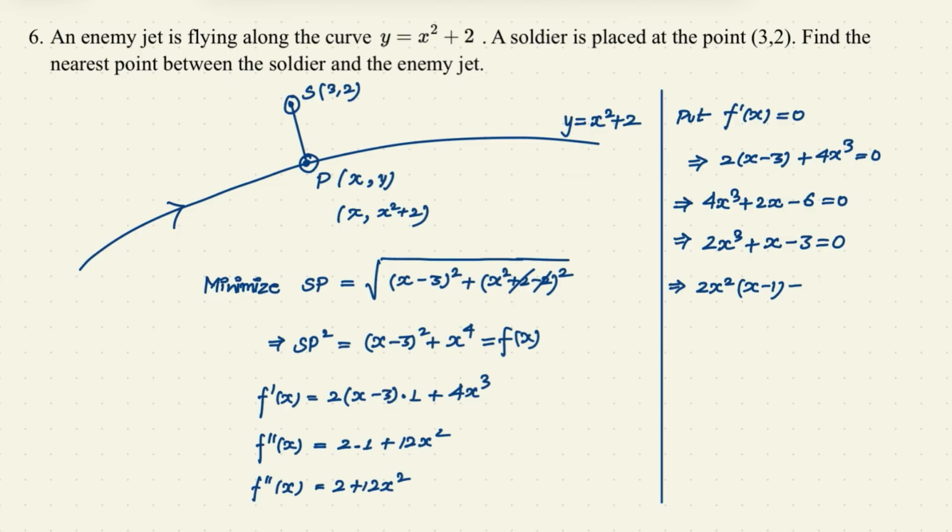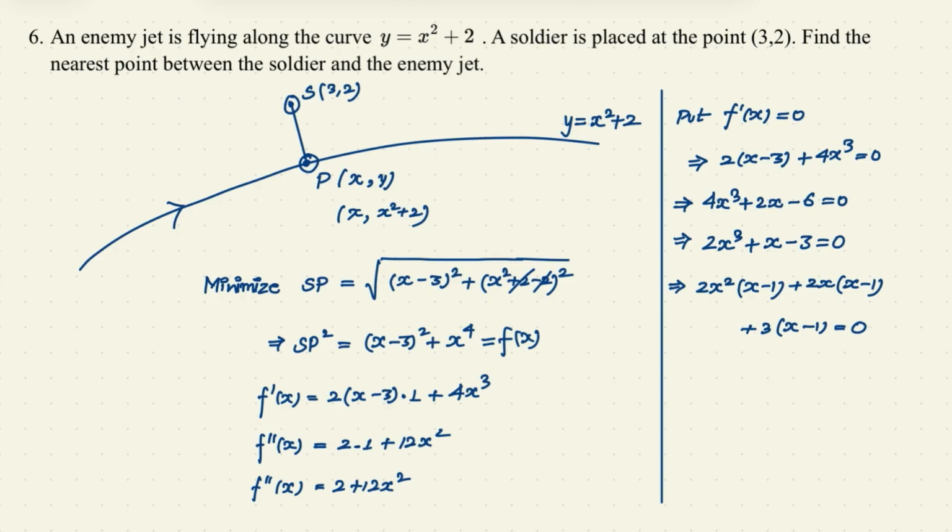So to balance that, I will have to add 2x and multiply with (x minus 1). In this way the 2x square part will get balanced, but there is minus 2x, but since we have got plus x only, so we'll add 3 and multiply (x minus 1) equals to 0.